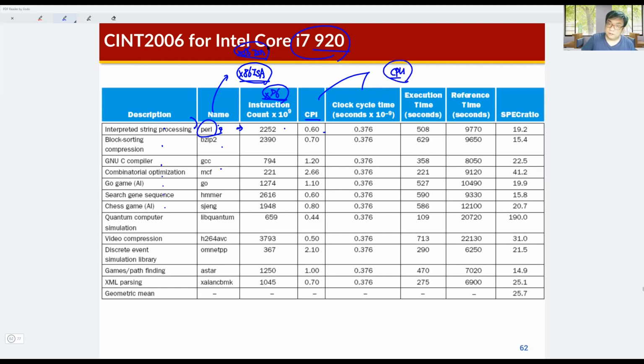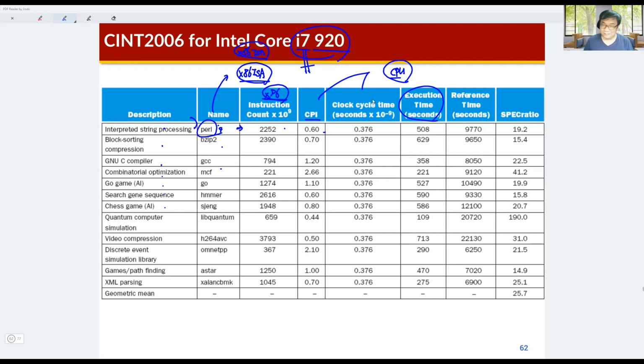This is the Intel Core i7, so the CPU has the i7 core architecture, and the clock cycle time is determined by the clock frequency. Based on the instruction count, CPI, and clock cycle time, that means the microarchitecture of the CPU, the total execution time is measured.